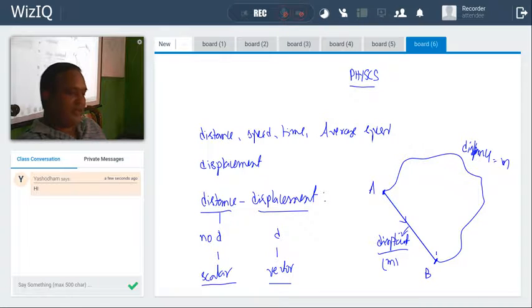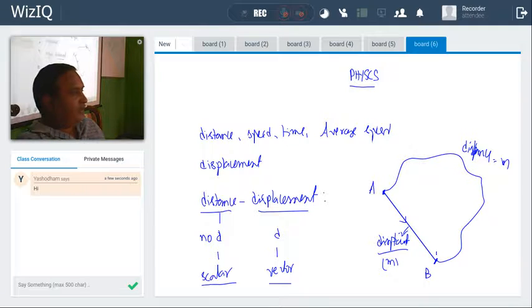In the examination, if it is asked to explain distance and displacement with an example, you can write the same. Whatever the object travels from A to B along the path, we call that distance, and it is definitely more than the displacement.